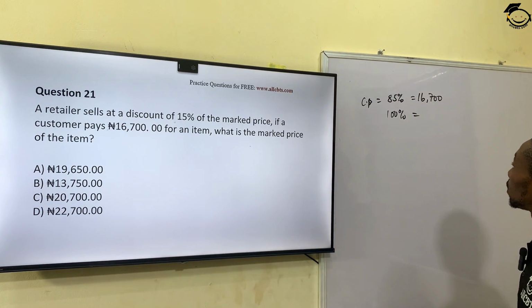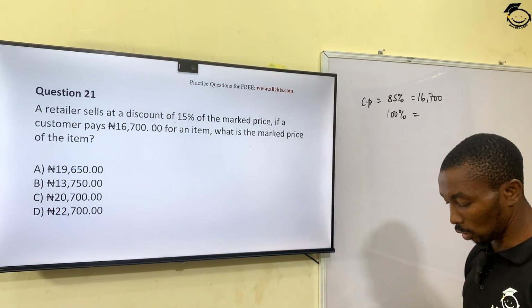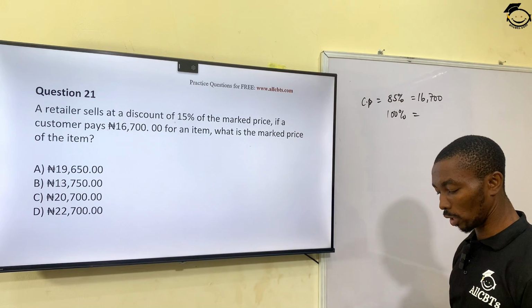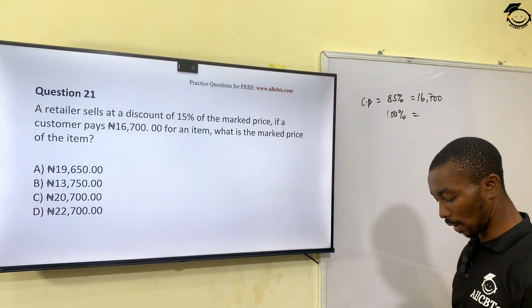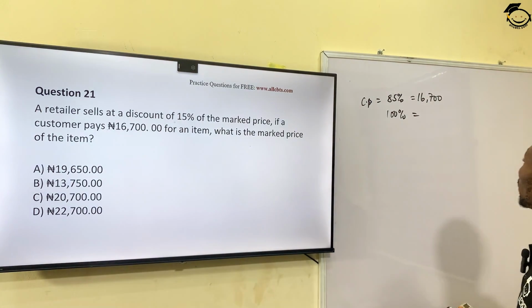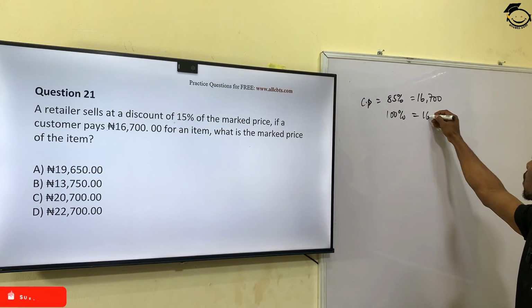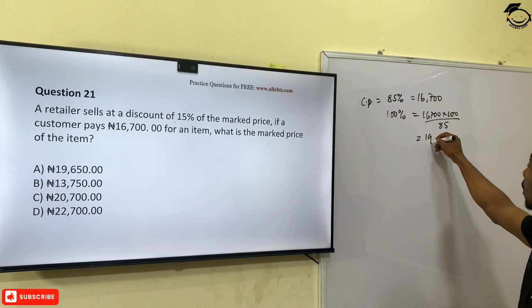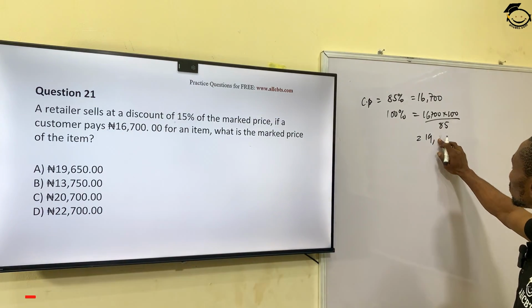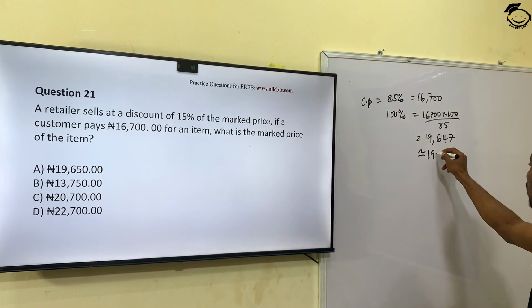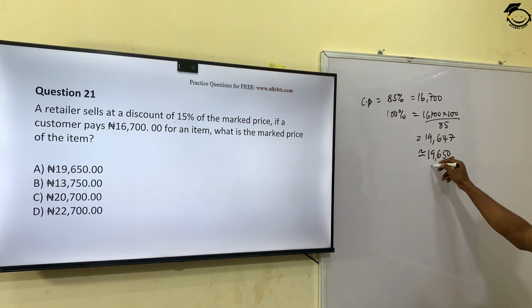For us to find this, we can do 16,700 times 100 divided by 85, which will give us 19,647, approximately 19,650 as the cost price.